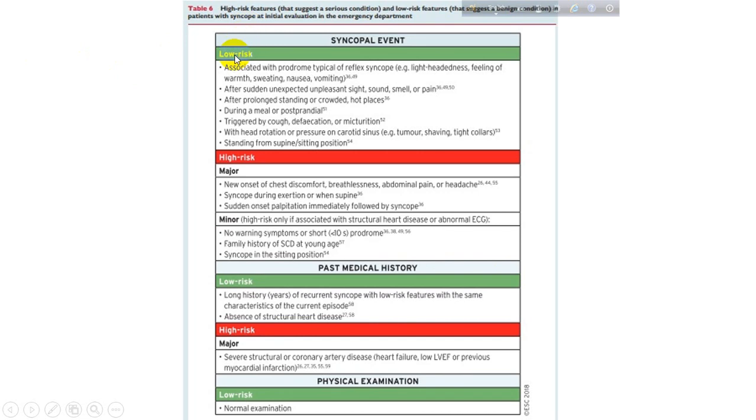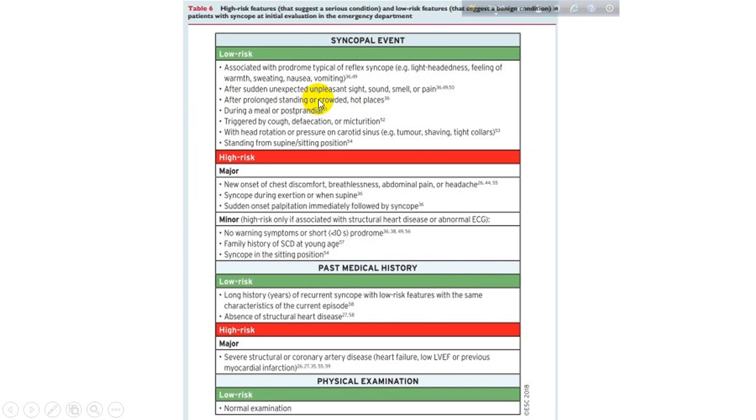Here is a chart for classifying which is high risk and which is low risk. Syncopal event low risks are associated with prodrome of typical reflex syncope such as lightheadedness, feeling of warmth, sweating, nausea, vomiting, after sudden unexpected unpleasant sight, sound, smell, or pain.